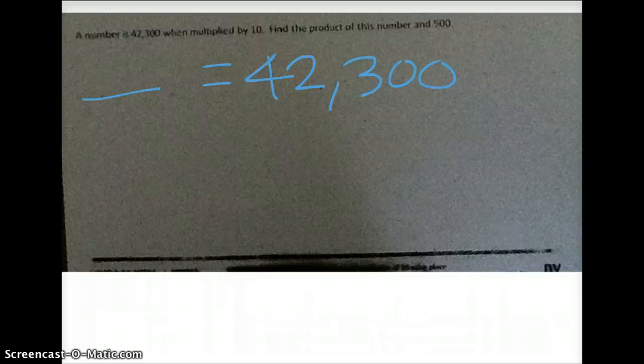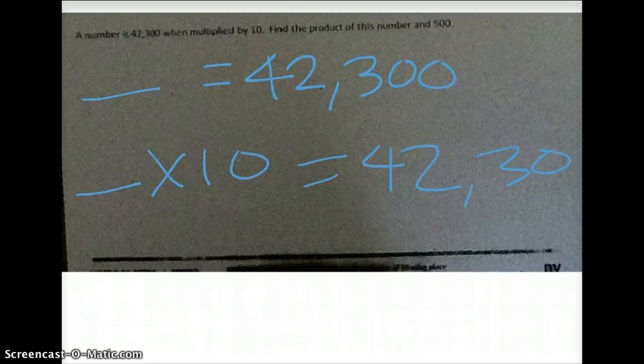A number equals 42,300 when multiplied by 10. So a number times 10 equals 42,300. What would this number be? Kind of think of what's the opposite of multiplication.